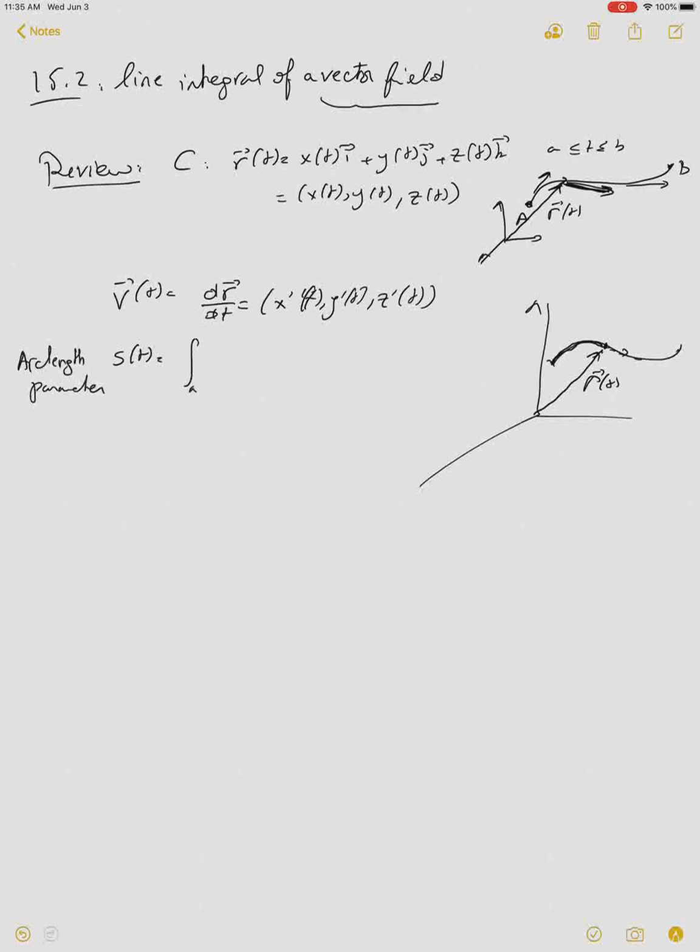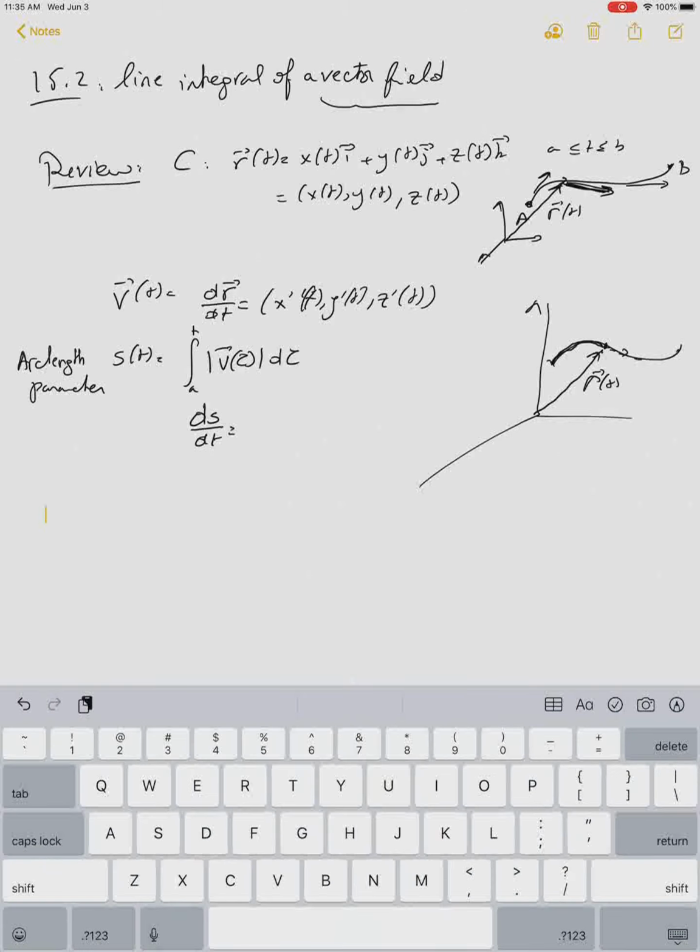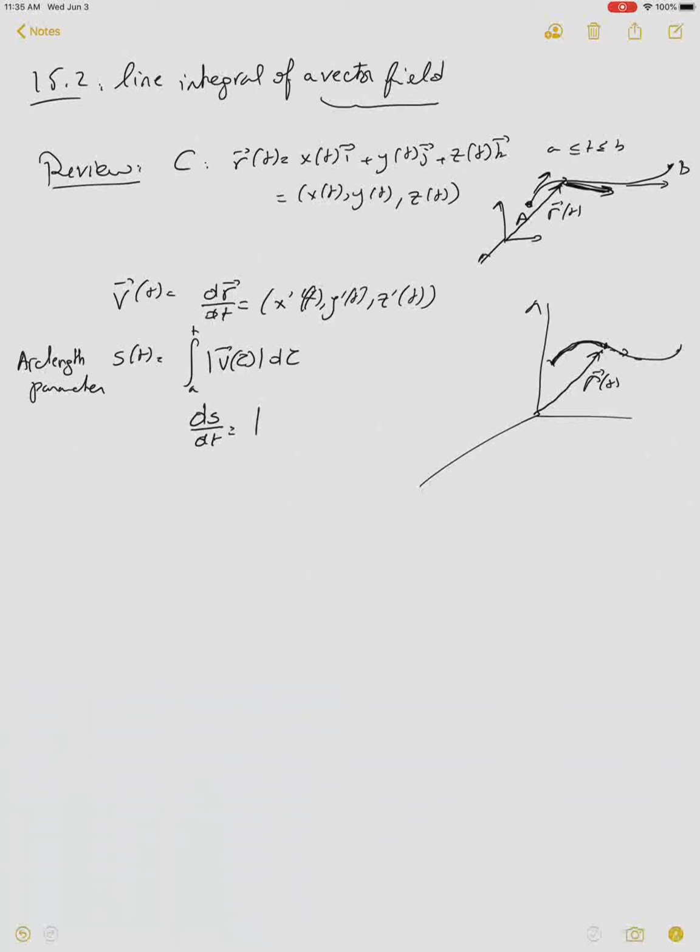This is equal to the integral from a to t of the absolute value of v of tau d tau, and this should not be very strange, because now I have ds/dt is equal to the absolute value of v of t. So this is as if saying delta s is approximately equal to speed.